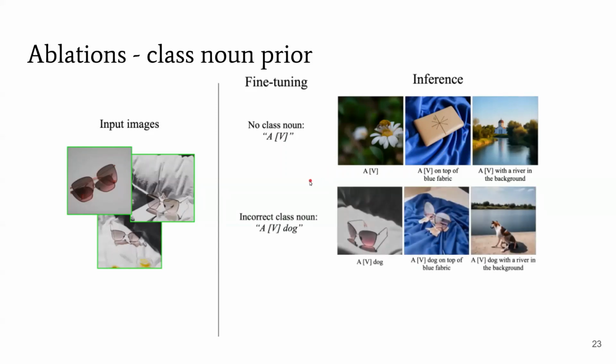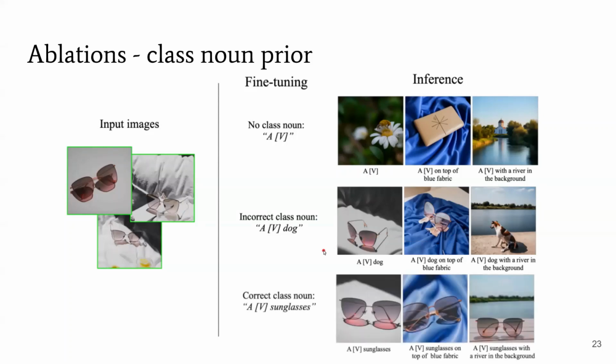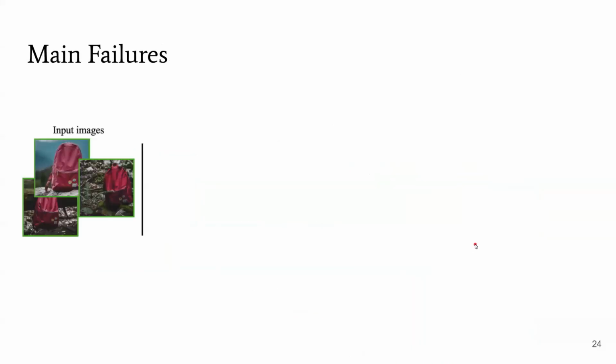Next, we have an incorrect class noun: A rare token followed by dog. It was able to generate the sunglasses for some of them, but it still had some prior knowledge of a dog, so it got them mixed up. Finally, for the working version, they have a rare token followed by the class, and you can see they were all working correctly.